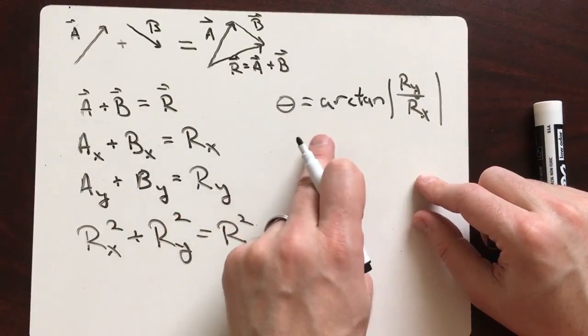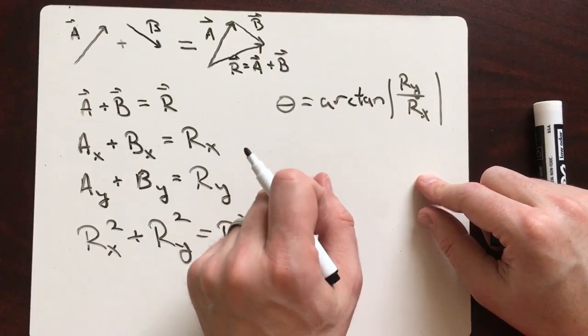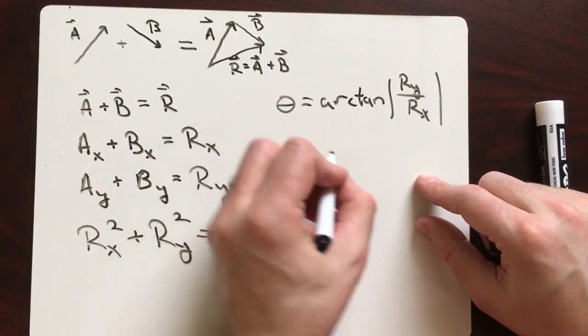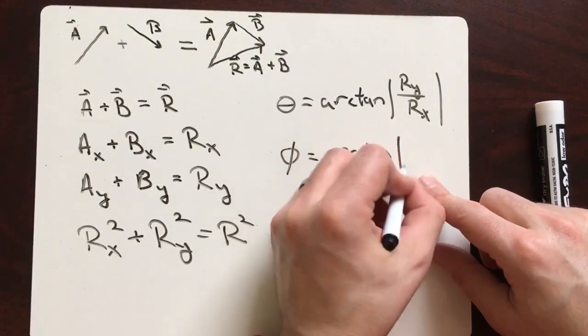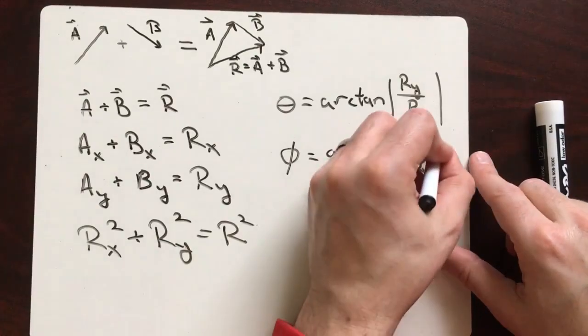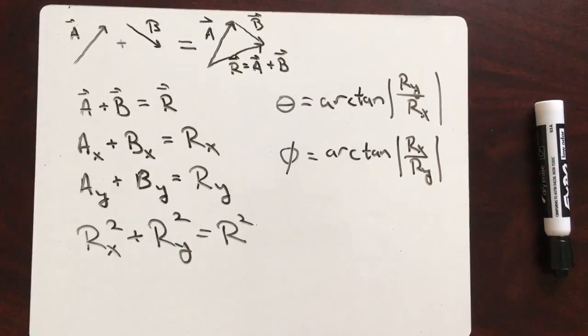That'll give me the angle with respect to the horizontal, the angle theta. If I want the angle with respect to the vertical, then I'm doing r_x over r_y. And that's all there is to adding two vectors.